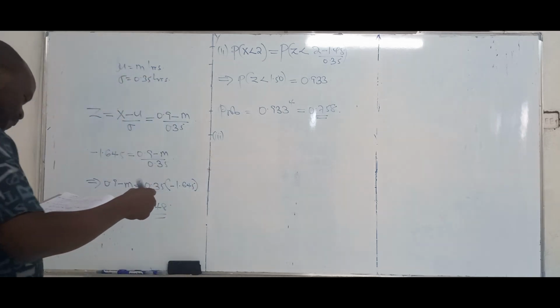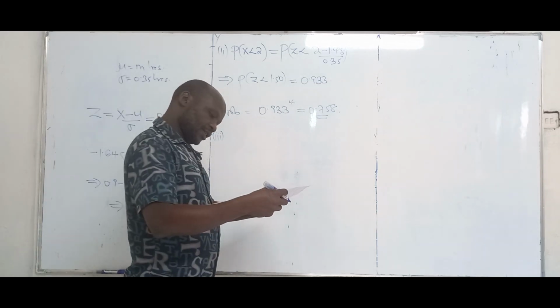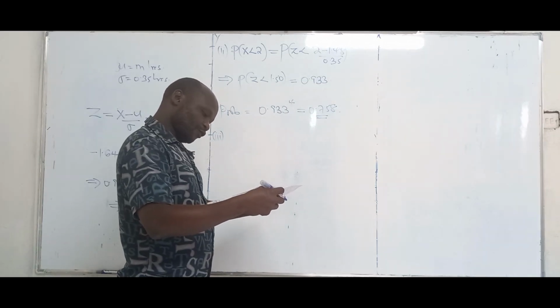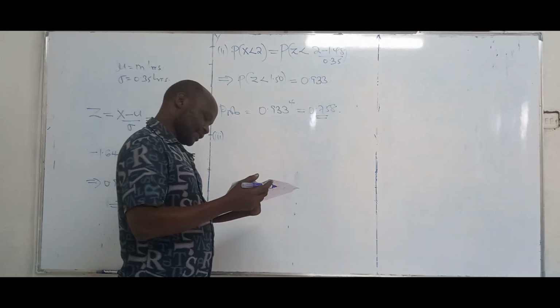Then part 3, we are asked to find the probability that it takes more than 0.6 hours to fit a tow bar onto a randomly chosen car at this garage.